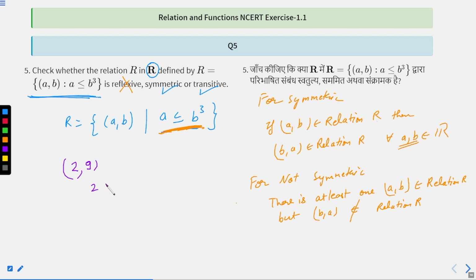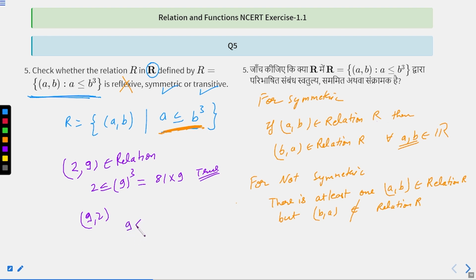Let's see. 2 is less than or equal to 9 cube. What is 9 cube? 9 cube is a pretty huge number. So this is true, which means (2, 9) belongs to the relation R. But if you try to see (9, 2), does it belong to the relation R? Let's see.